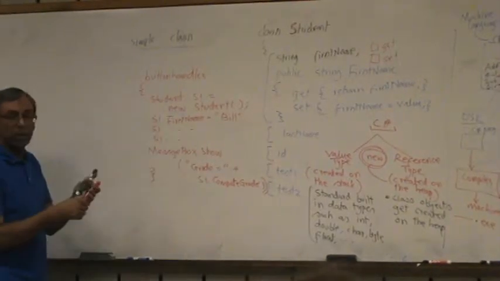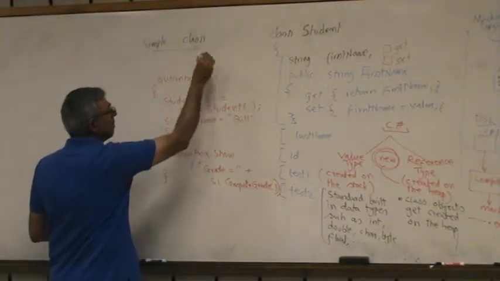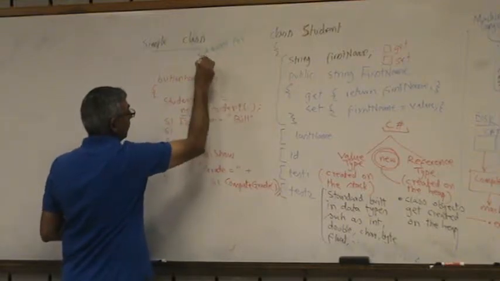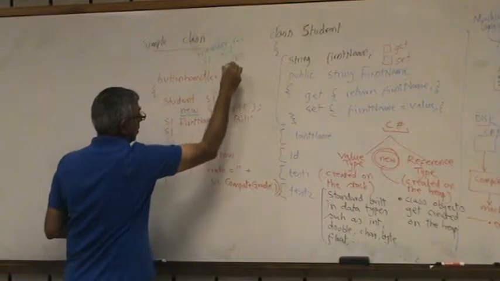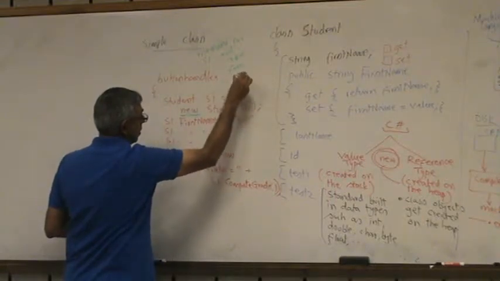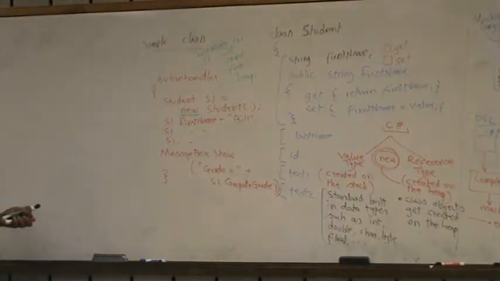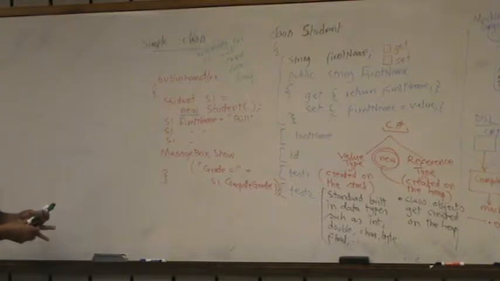Student S1 equal to new student. So where will the memory for S1 come from? Heap. Okay, so now further, this student S1 equal to new student is actually two separate statements.